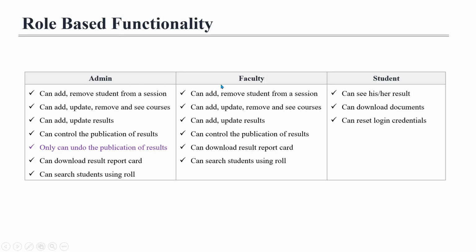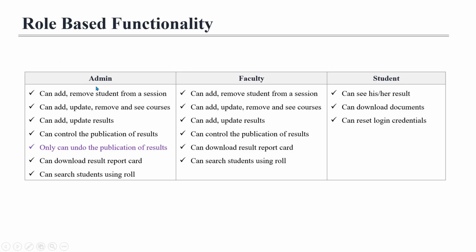The admin and the faculty user roles can do almost the same things, which are add and remove students from a session, add, update or remove courses, add or update result marks, add or publish the results, and also see the result reports.